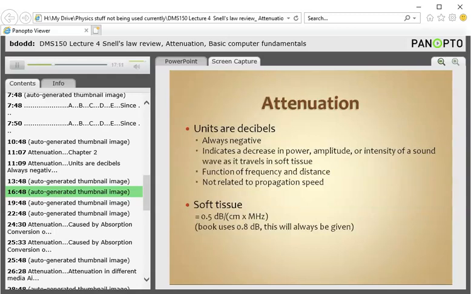Well, that's a really good question. Sometimes you will get a question that says, what is the loss in decibels? If I ask you what is the loss in decibels, it is 25 decibels. If I say what is the change in decibels, then it's negative 25.